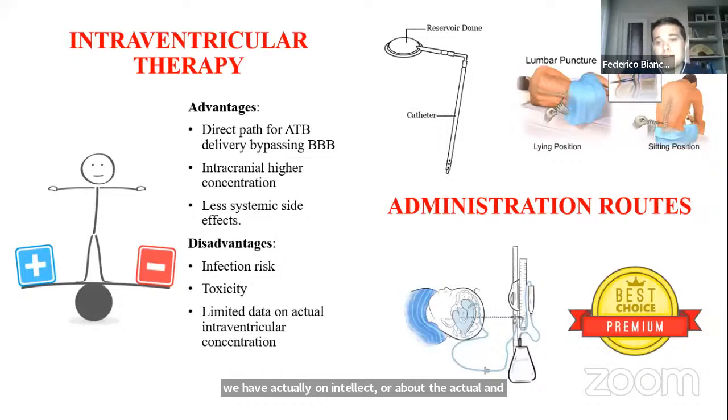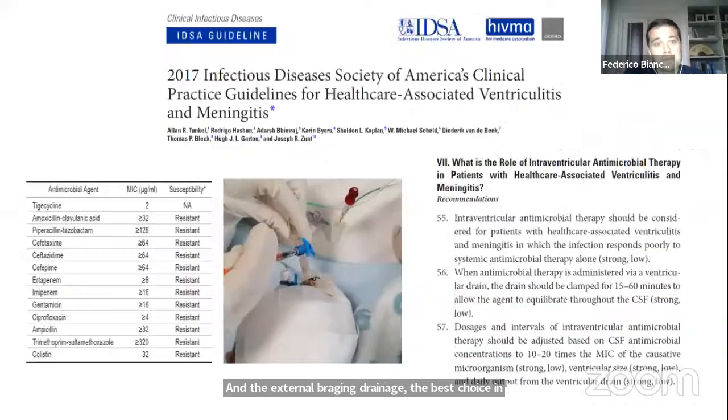In the literature, several administration routes are proposed, including lumbar puncture and the Ommaya reservoir, which are not very useful to me because they can't directly treat the hydrocephalus that is often associated with ventriculitis, leaving the EVD, the external drainage, as the best choice to deliver it.